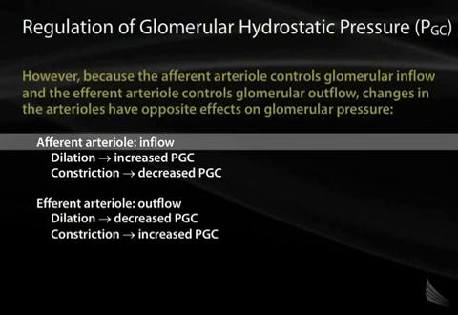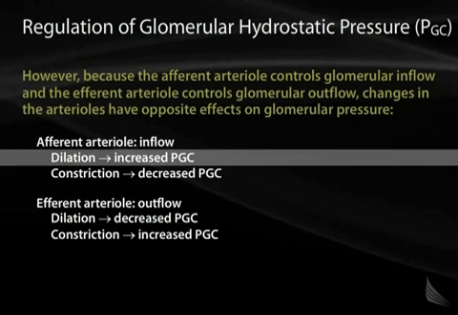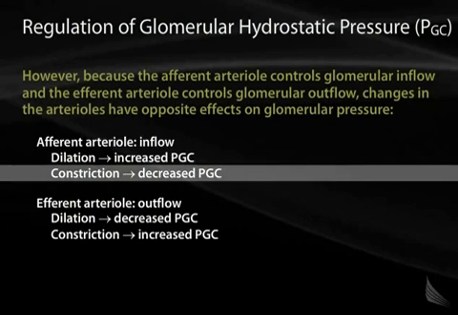For the afferent arteriole, A comes before E, it is the inflow. If the afferent arteriole is dilated, glomerular capillary pressure increases. If the afferent arteriole is constricted, glomerular capillary hydrostatic pressure decreases. These move in parallel.